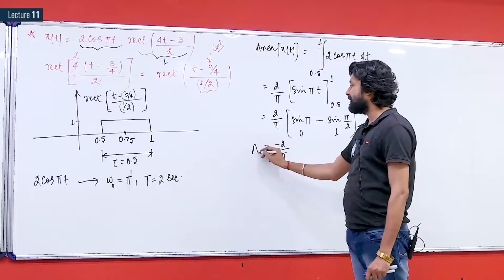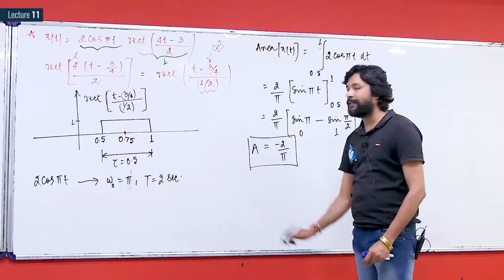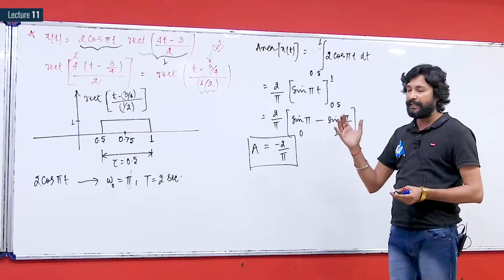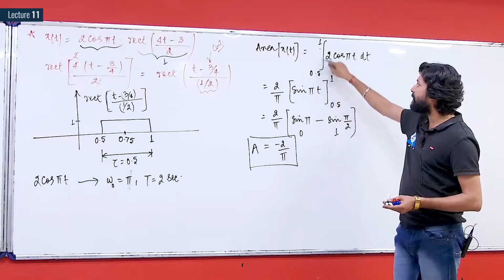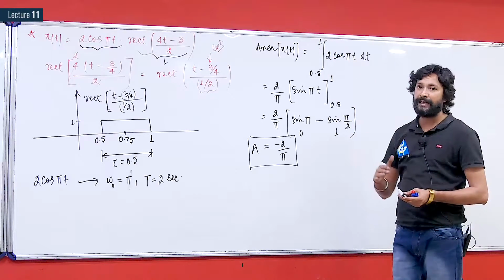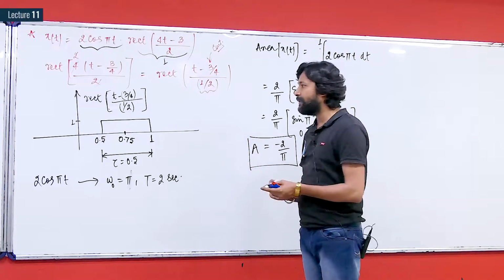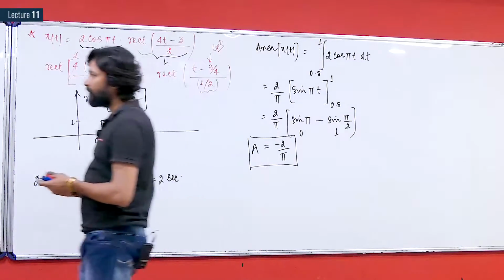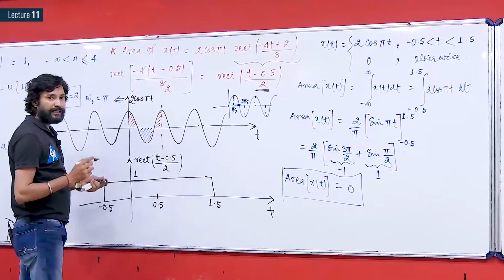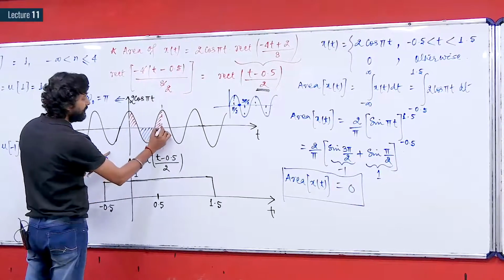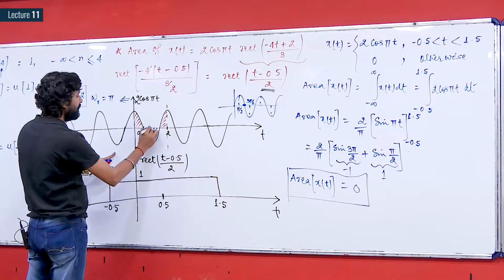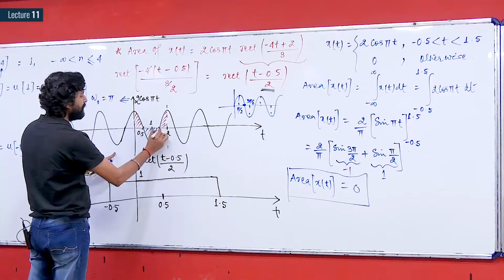So now the area is non-zero, and the area is negative. It means that if you integrate the cos pi t function, the area enclosed between 0.5 and 1 seconds will lie below the time axis. You can see from here also, if it is the graph of 2 cos pi t, and the total time period is 2 seconds, then this value is 0.5 seconds, this value is 1 second, this value is 1.5 seconds.